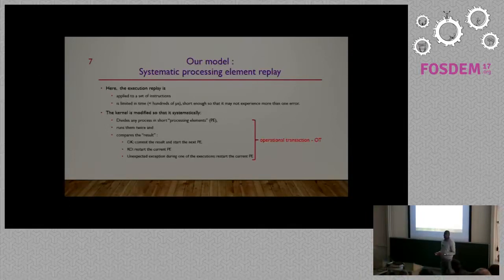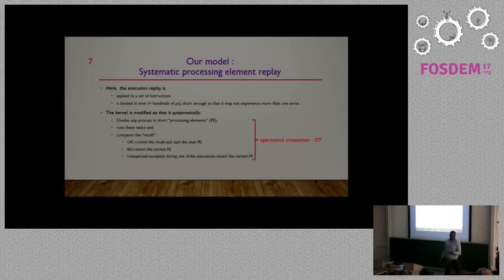If a hardware error happens during one of the executions, surely one execution will differ from the other and the comparison will not match. So we consider that there was a problem and we have to restart the same processing element.